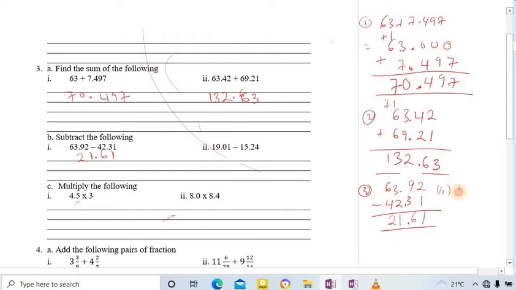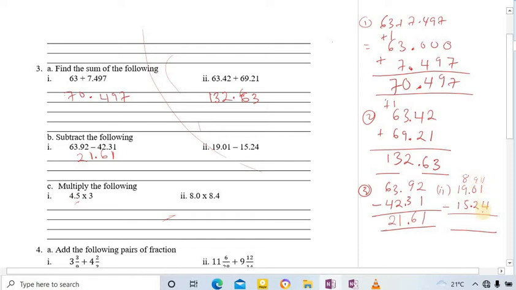We have 19.01 minus 15.24. This one, the 1 is smaller than 4, so we have to borrow till we get to this place. So this becomes 8, and then we send 1 here. This becomes 10. But just when we are about to write a 10, this one is also requesting another value, so it becomes 11, and this becomes 9.